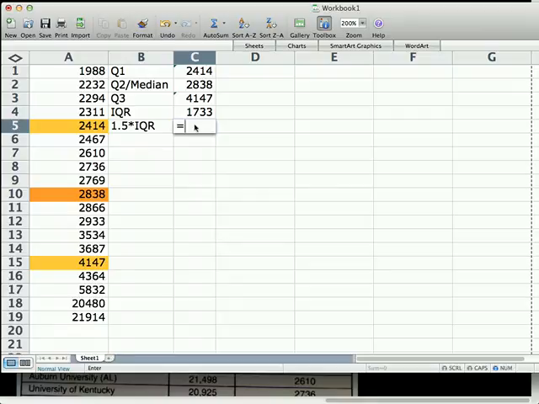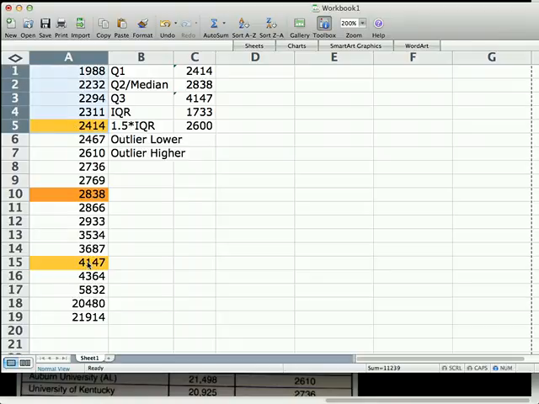So equals 1.5. Star is the multiplication symbol in most computer languages. So I'd multiply that by the interquartile range, and I get 2600. Now to find out where the outlier lower limit is, and the higher limit, it has to be 1.5 times the interquartile range beyond the lower quartile, so less than this, or greater than the upper quartile, quartile 3, okay?